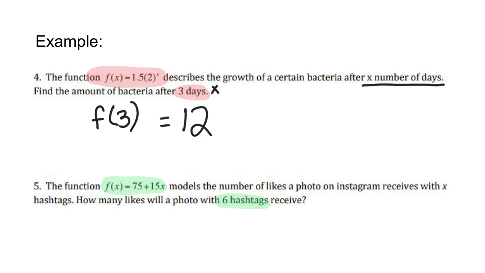So since my function says x hashtags, I know 6 hashtags has to be an x. So I'm going to evaluate this function at f of 6. And if I do that, I can put that in Desmos, or I could substitute 6 in place of x and calculate that. And I would end up with 165 likes on that photo.